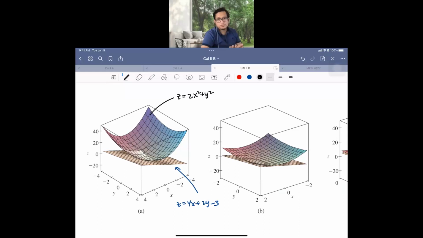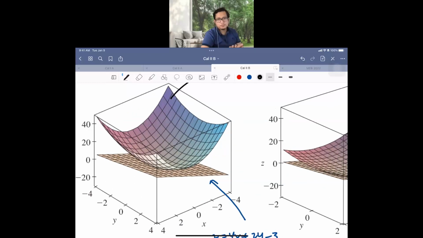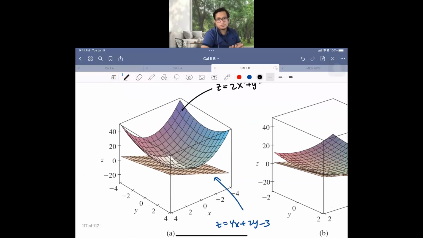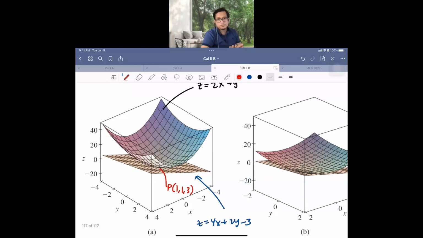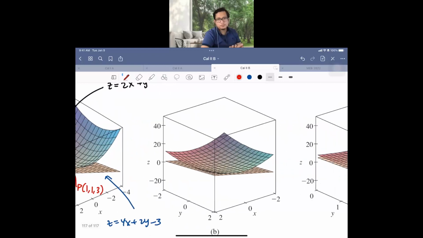Now, if we imagine zooming in at a particular point, let's say the point P, the one that we are approaching, (1, 1, 3). If we zoom in through this P, maybe 20 times, 30 times, we are going to have this picture.